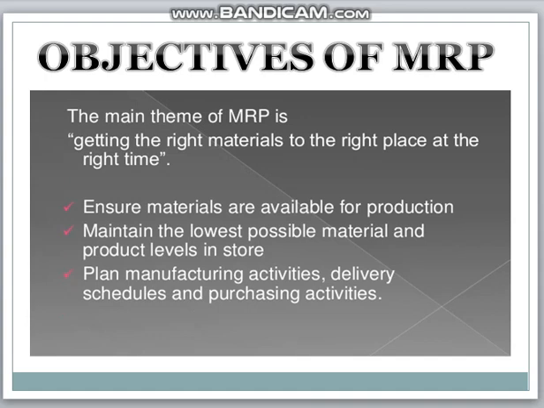It also checks the availability of various materials before the start of production, and it reduces various costs and maintains the possible level of product as well as materials in our store. So storage is maintained accordingly, according to our manufacturing or production process.